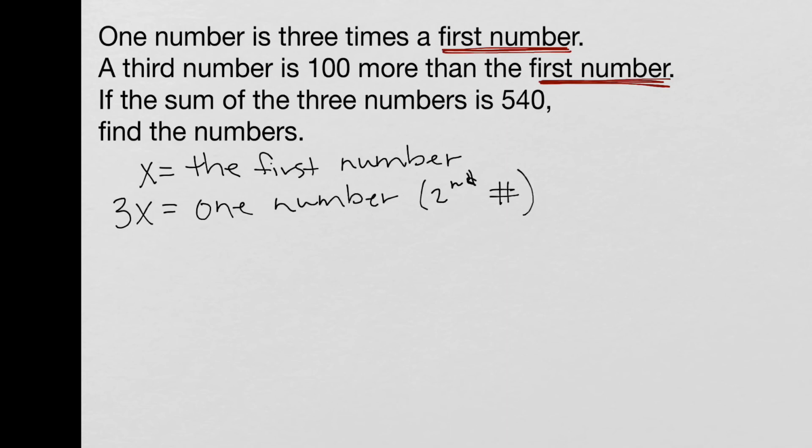Then we'll look at a third number is 100 more than the first. 100 more means add 100 to the first number. So x plus 100 equals the third number.